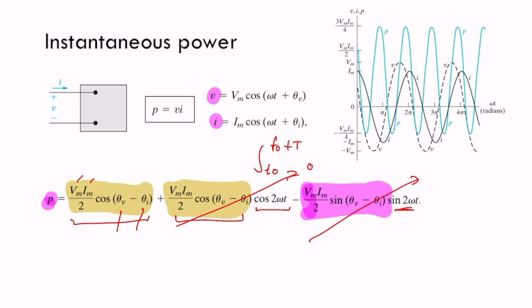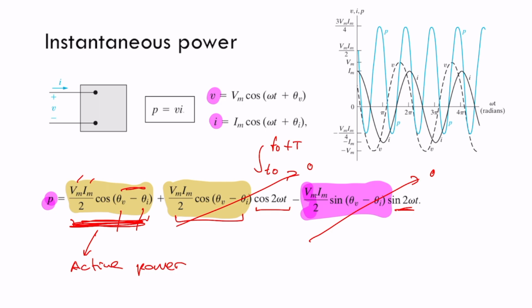So the integration over time will also give you 0. It means that if I integrate the power along time, it will give you some typically positive value, for this case if V and I are positive. It also depends on this phase difference. And this is what is typically called active power, because this is the power that we are going to deliver on average.